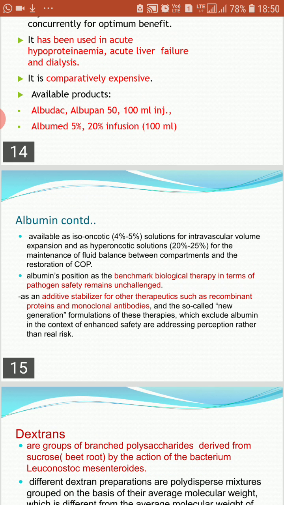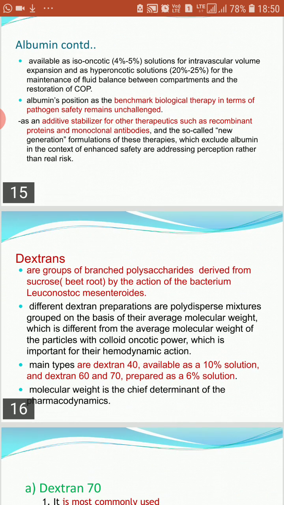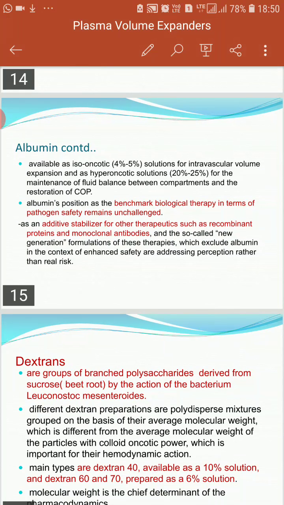And the so-called new generation formulations of these therapies, which exclude albumin, are not supposed to be advantageous, because of less risk with albumin. So it is just a marketing strategy, and there is no proven advantage of the newer generation formulations of these medications, which are called albumin free. So this was about albumin, which is the main colloid given as plasma volume expander.